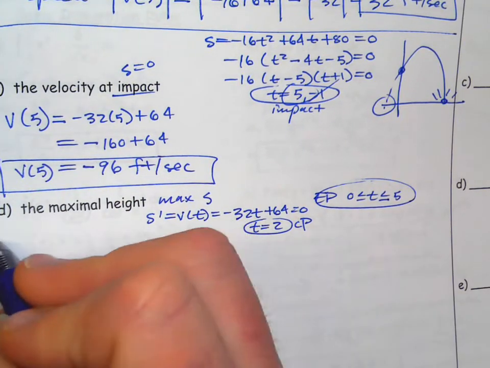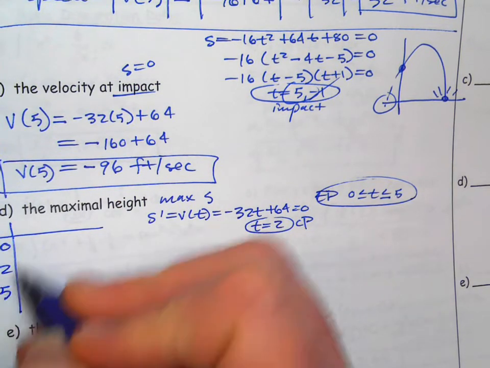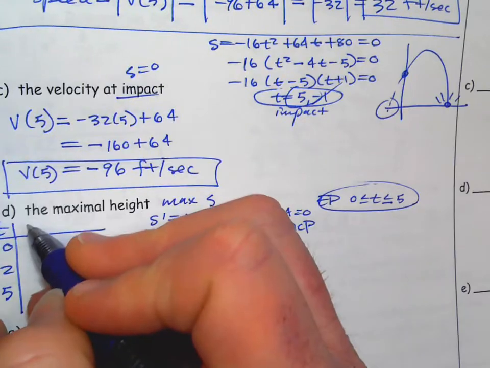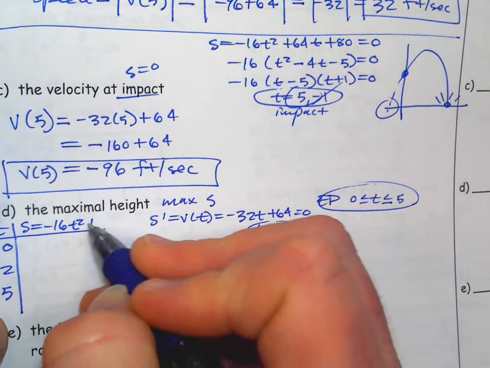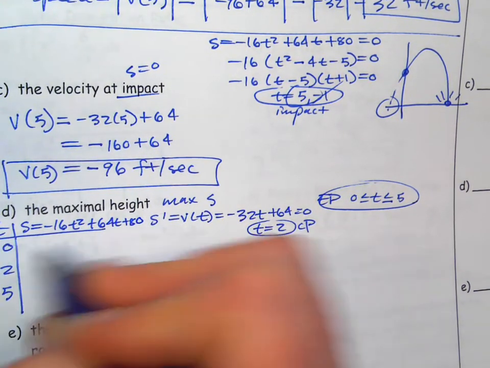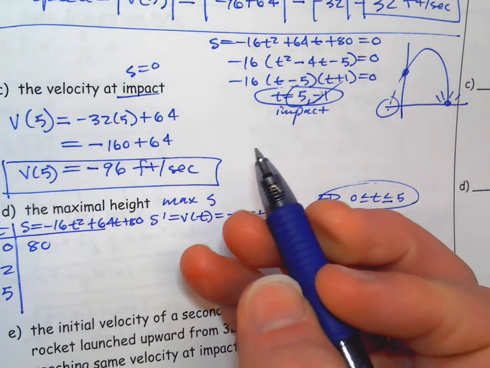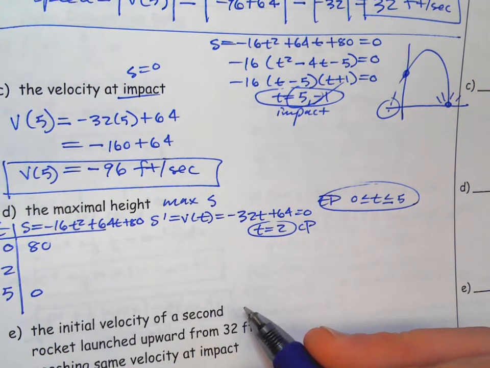So we're going to make a table. 0 to 5 time. We're going to plug them into the position equation, which is negative 16t squared plus 64t plus 80. So we plug 0 in there, you get 80, which is the initial height. That makes sense. If you plug 5 in, you should get 0. You could double check it just in case.